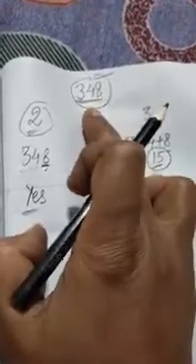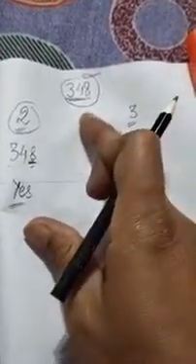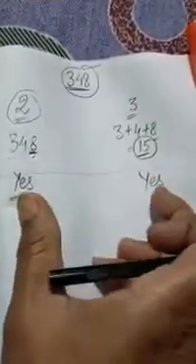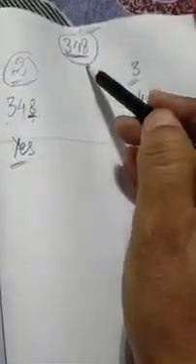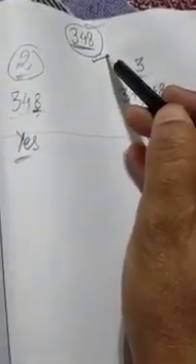If both the judges are saying yes, then automatically this number is divisible by 6. If here is no and here is yes, then this number is not divisible by 6. Both judges saying yes is required. Now the 2 judge said yes, the 3 judge said yes, so this number is divisible by 6 also.